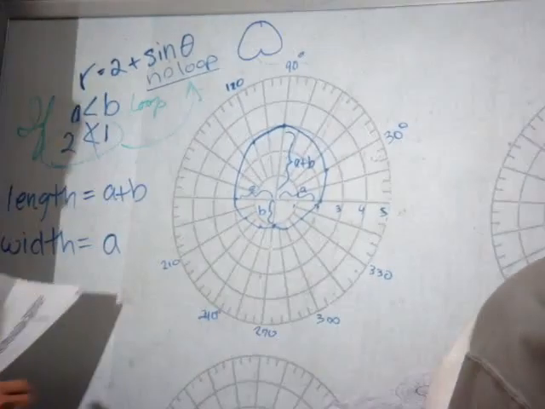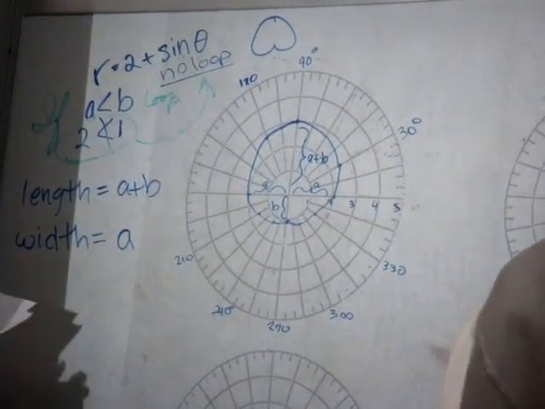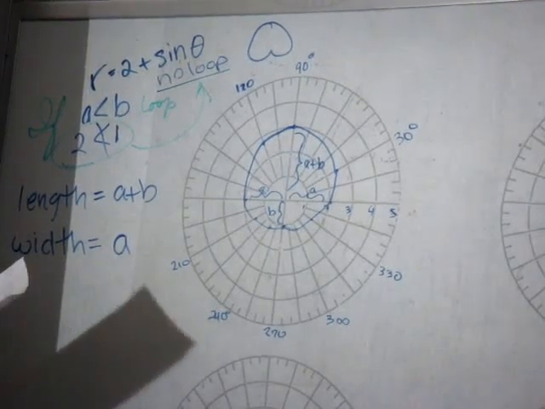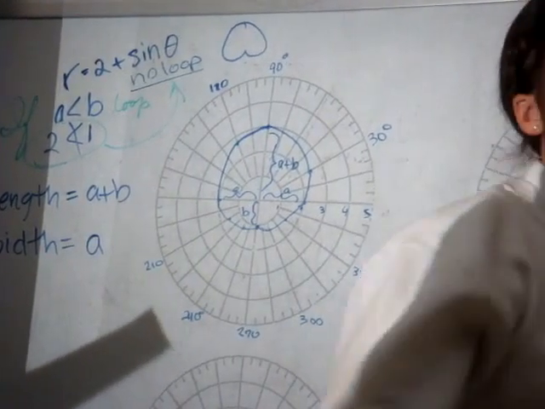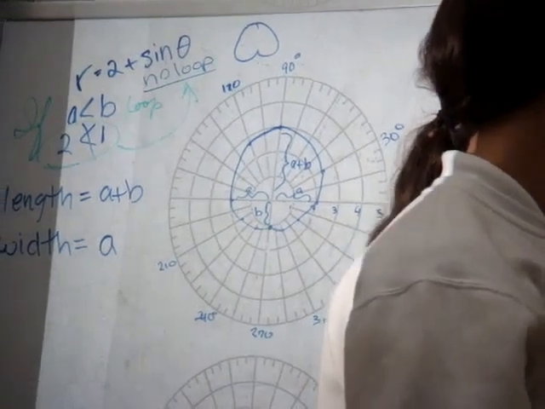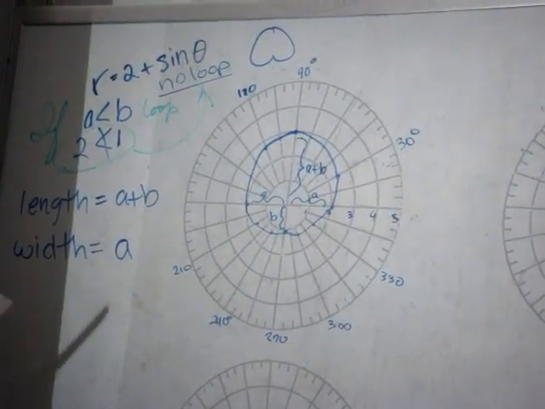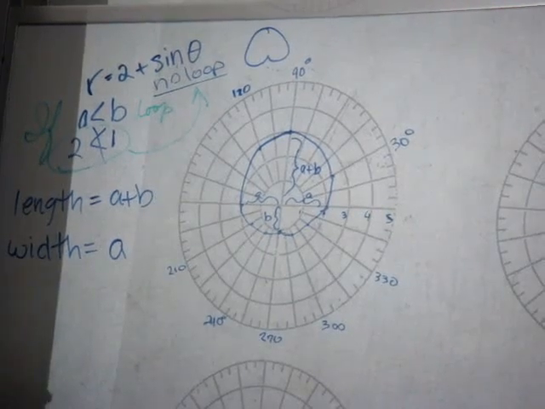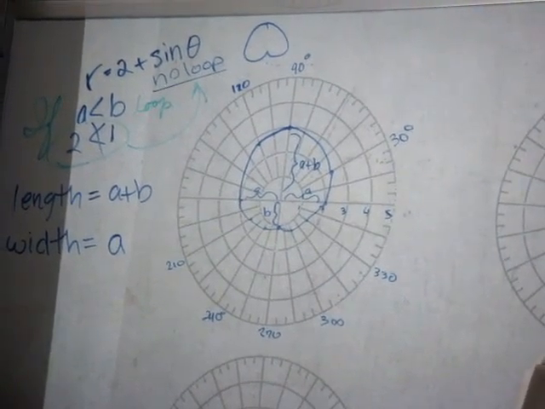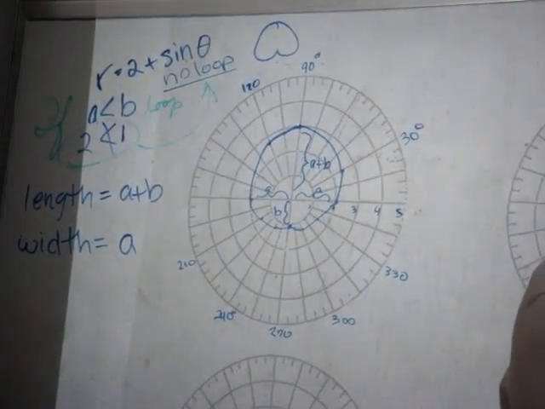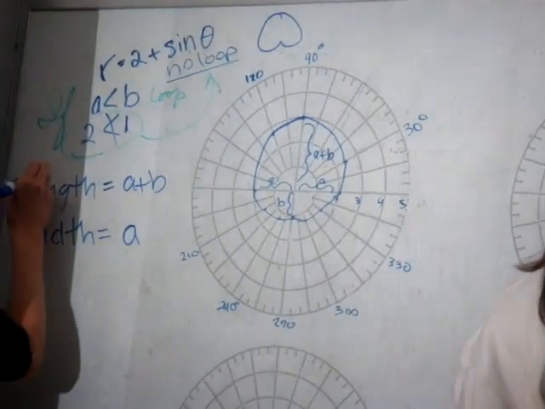No loop. If a is greater, what? No, wait. Freeze. Let's go with a less than b. A less than b, what? A greater than b. No. This one, both of them are a greater than b. Therefore, what? Getting it straight?